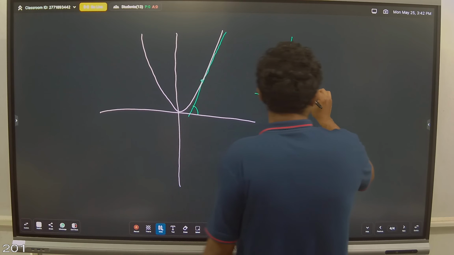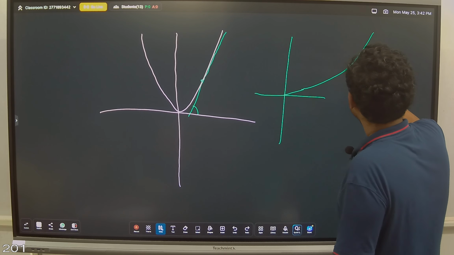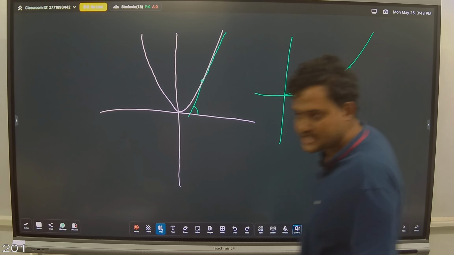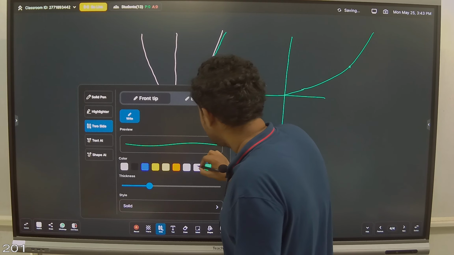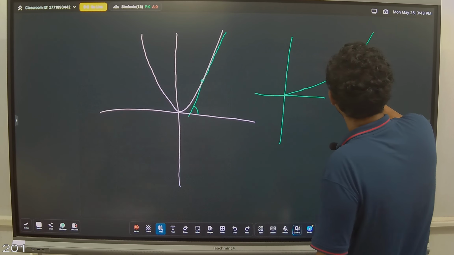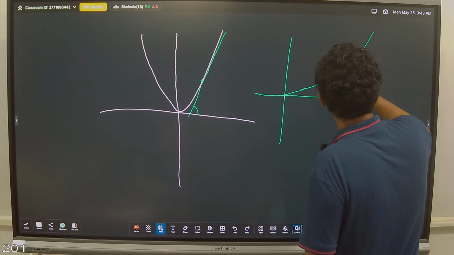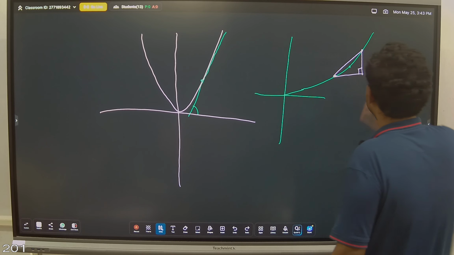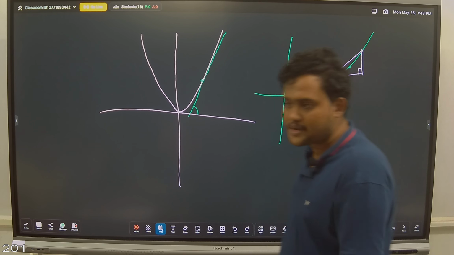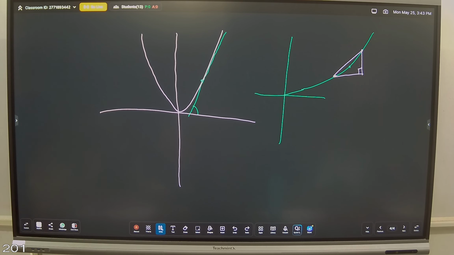Imagine I want the slope at this point. I can take a point here and a point here and then calculate the slope made by the straight line connecting those 2 points, right? I will get a reasonable approximation of the slope at that point.